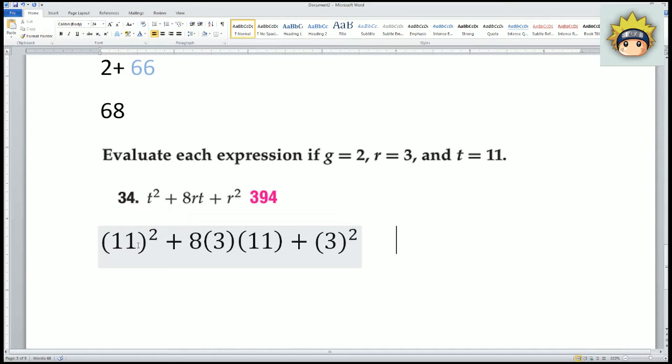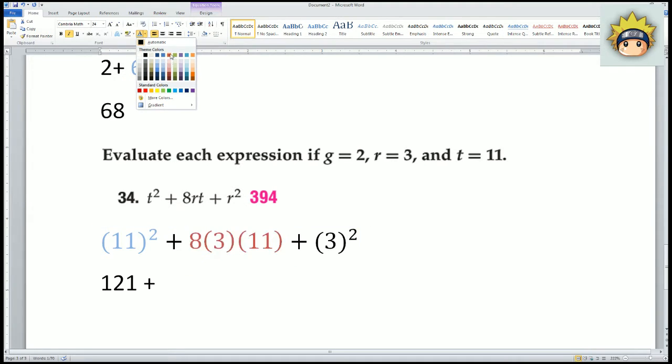t squared, 11 squared, plus 8 times r, which is 3, times t, which is 11, plus r squared, which is 3 cubed. Let's do this first. Make that blue. That becomes 11 squared is 121, plus 8 times 3 is 24. 24 times 11. Many of you who can't do that in your head can also use a calculator.